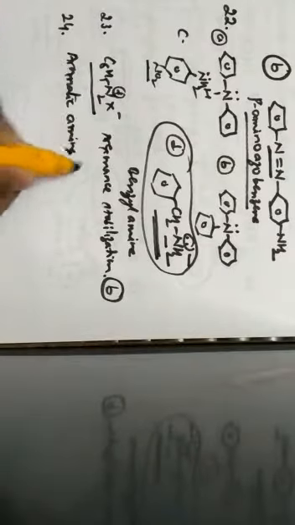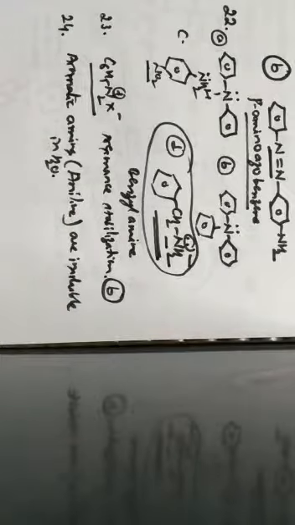The aromatic amine given here is aniline, C6H5NH2. Hence the least soluble amine at 298 Kelvin is aniline, and the correct option is option D.